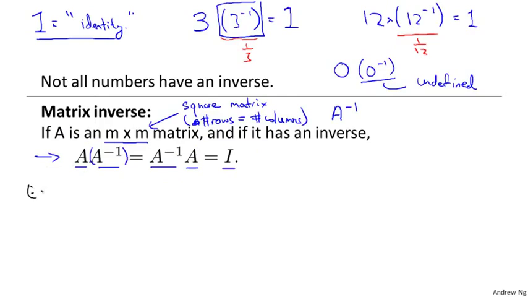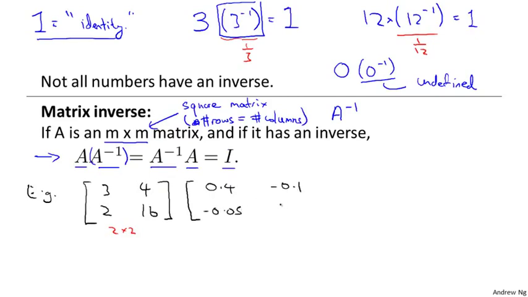Let's look at a concrete example. Let's say I have the matrix 3, 4, 2, 16. This is a 2 by 2 matrix, so it's a square matrix, and so this matrix could have an inverse. It turns out that I happen to know the inverse of this matrix is 0.4, minus 0.1, minus 0.05, 0.075.